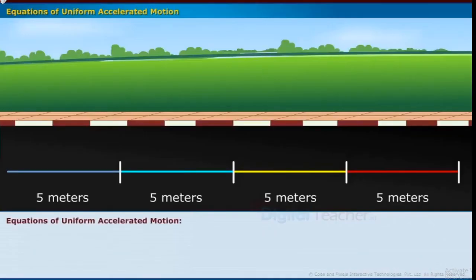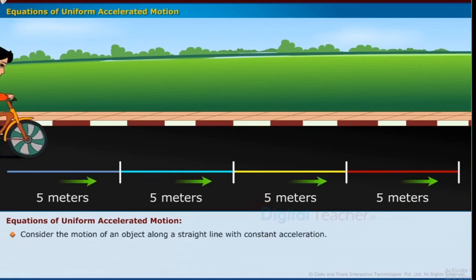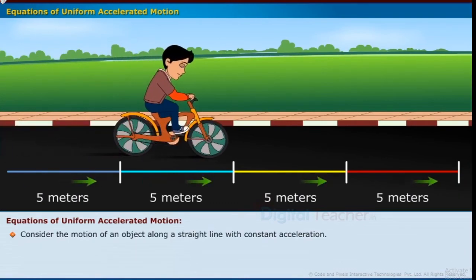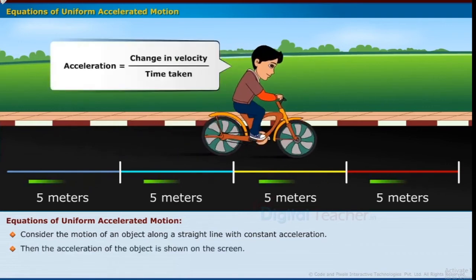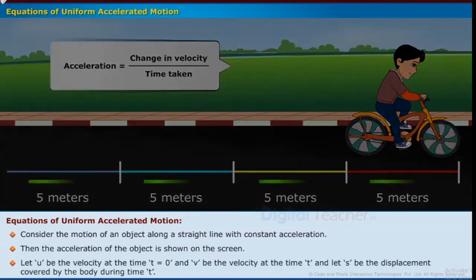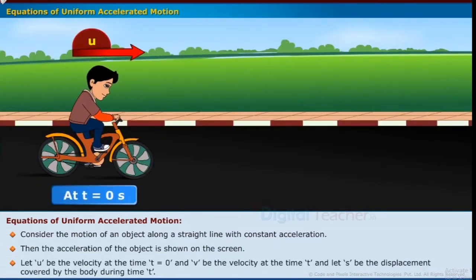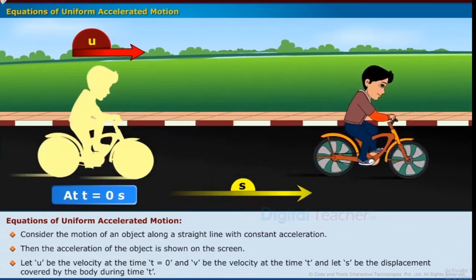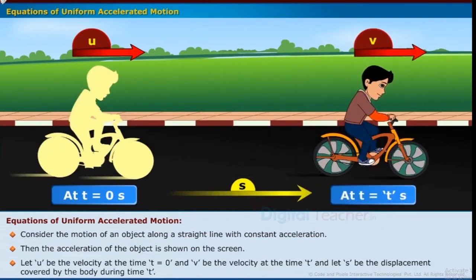Now, let us derive the equations of uniformly accelerated motion. Consider the motion of an object along a straight line with constant acceleration. Then, the acceleration of the object is shown on the screen. Let u be the velocity at time t equal to 0 and v be the velocity at time t, and let s be the displacement covered by the body during time t.